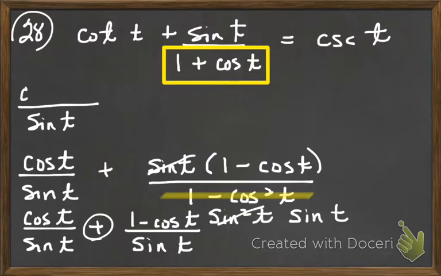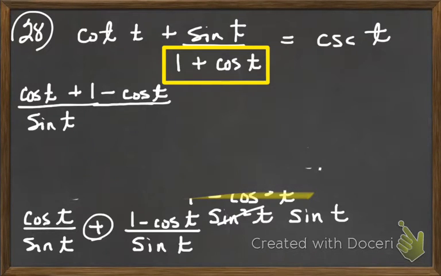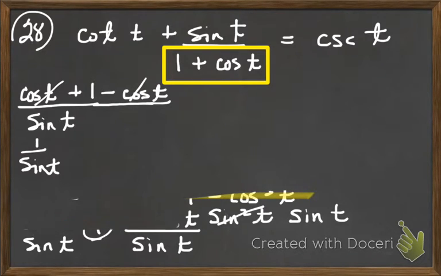So we'll have cosine of angle T plus the second numerator, which is 1 minus cosine. Then what happens in our numerator? The cosines cancel, and then I'm left with 1 over sine, and then 1 over sine turns into cosecant.